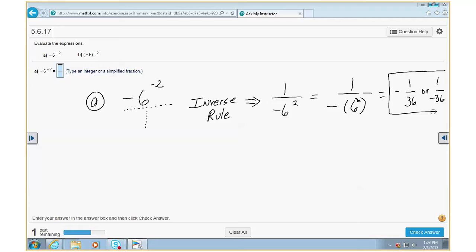Now B is -6 quantity to the -2. If you want to put this in any kind of comparison, this is a cat, this is a tiger. All right? They both have tails. They both look like a cat, except one's bigger than the other. They both have 4 paws. They're both good with balance. They both have teeth structure. One's bigger.